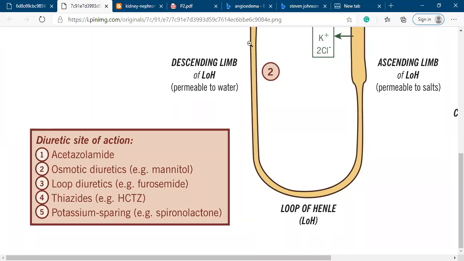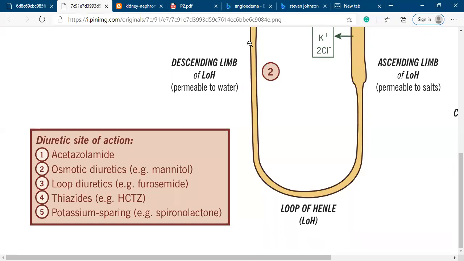So in the group of patients who take potassium sparing diuretics, there is a chance of hyperkalemia. What you have to educate your patient is not to take potassium-containing food.